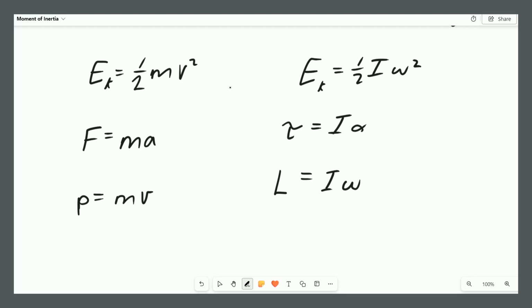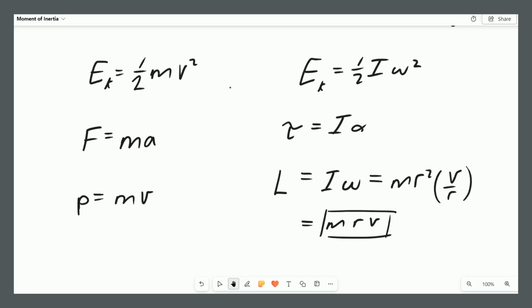And again, sometimes people are not introduced to angular momentum in this way. They are introduced to it as a different equation, which we get from here, right? If we replace omega with v over r, which is what it is, then the r's cancel out and we get mrv. And often people are introduced to angular momentum in this manner. So that's what moment of inertia is.